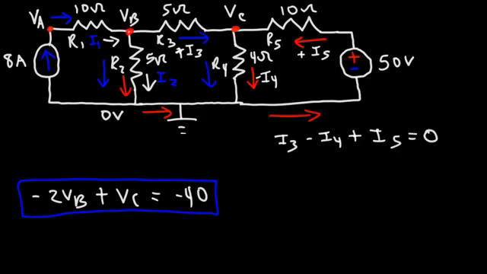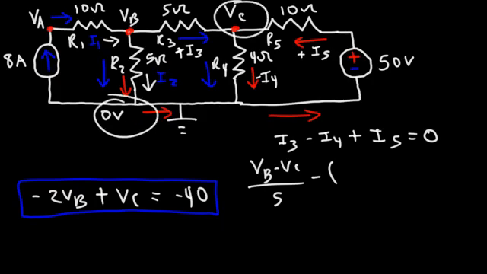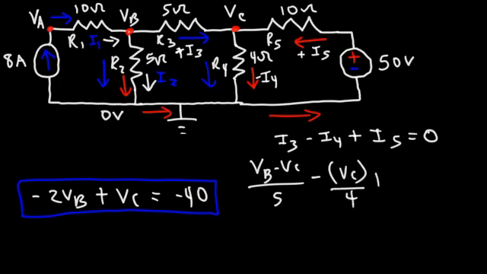Now, what's I3? So I3 flows from point B to point C. So it's going to be the voltage, which is VB minus VC, divided by R3, and R3 is 5. Now I4, the voltage across that is VC minus 0. So that's just going to be VC, and then divided by R4, which is 4.